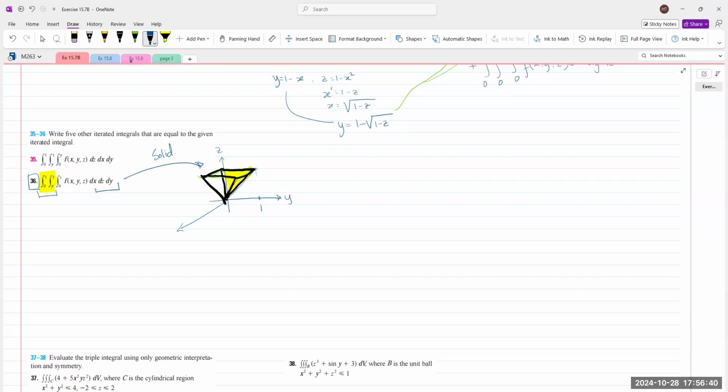Okay, let's rotate this first. So this is integral f x y z dx dy dz. The z from 0 to 1. The y will be from 0 to z, and this is from 0 to z as well. This is from 0 to y equals z. This is from 0 to x equals z.